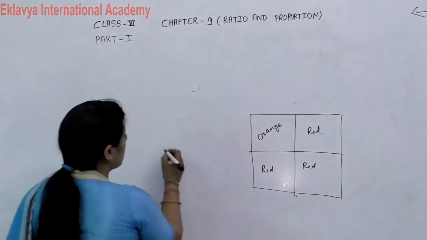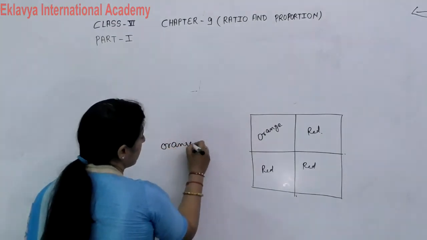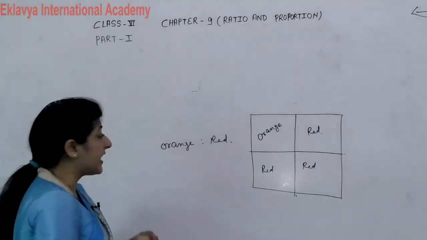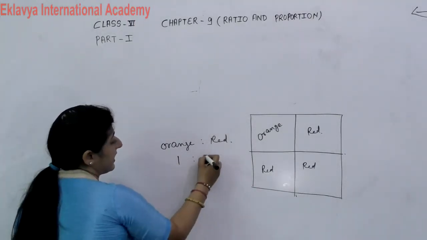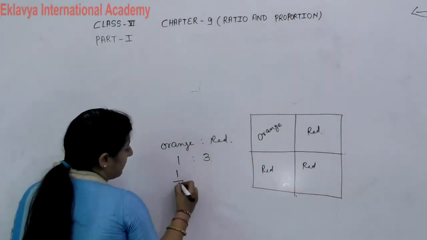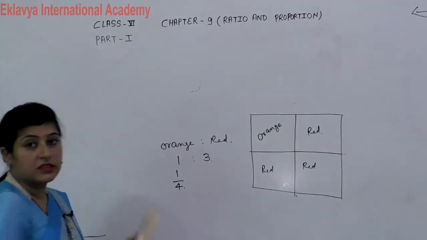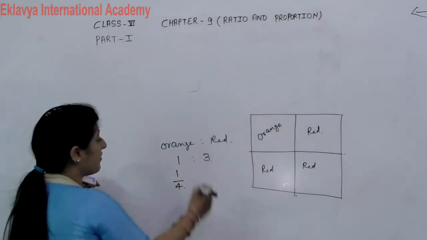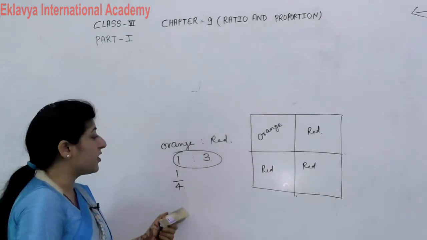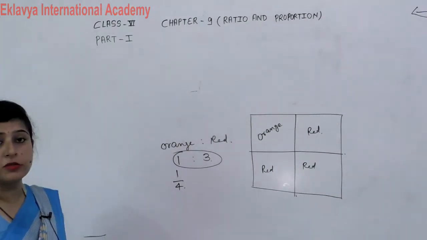If I want to find out the ratio, then orange part 1 and red part 3. So if I take 1/4, how will this 4 come? When you add both quantities, then you will get 1/4.